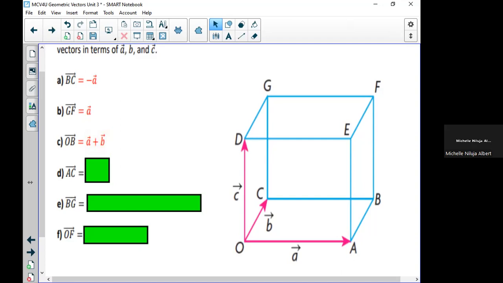Vector AC. We have another resultant. We have a negative A plus B. Is that correct, Bennett? Vector B minus A or B plus negative A, right? I think that's very close to what you said.